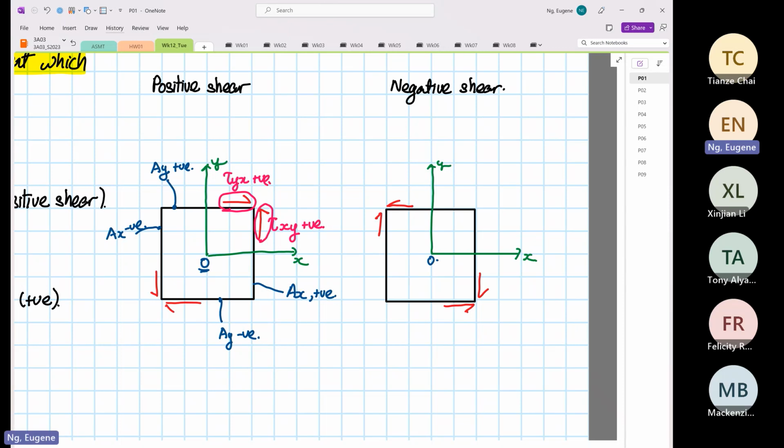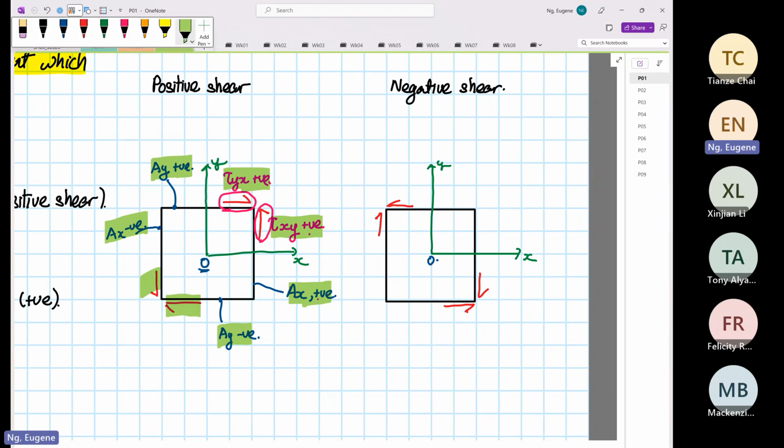So positive times positive gives positive. I'm going to highlight in green. Positive multiplied by positive, you get positive. Positive over here multiplied by area negative, and the shear stress negative: negative multiplied by negative is positive. So this is why we call it positive shear.